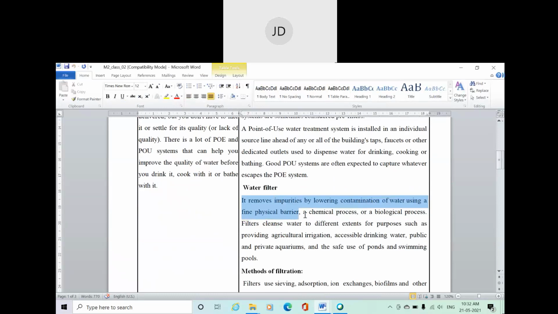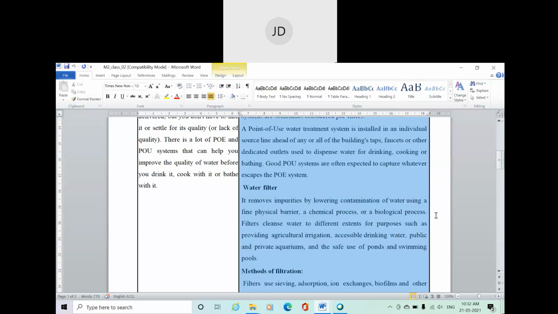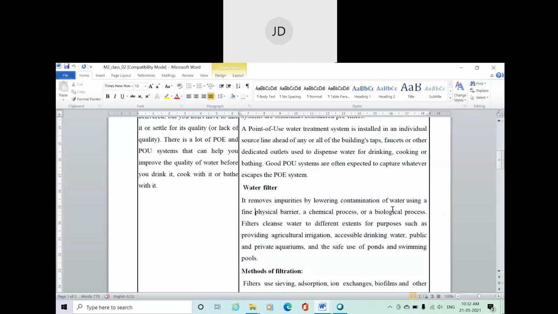A water filter can treat water by using a fine physical barrier, chemical process or biological process. Physical, chemical and biological. This is a very important term, or you can say this is the basic mechanism of filter. That means using this mechanism, a filter can treat water by physical barrier, by a chemical process, or by a biological process.